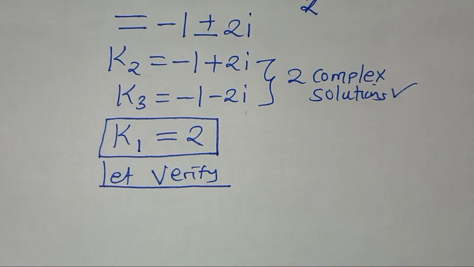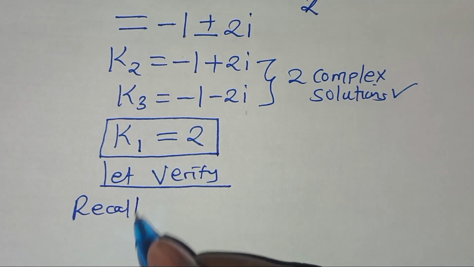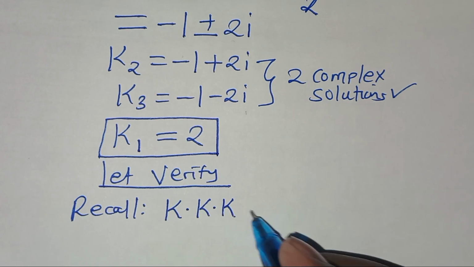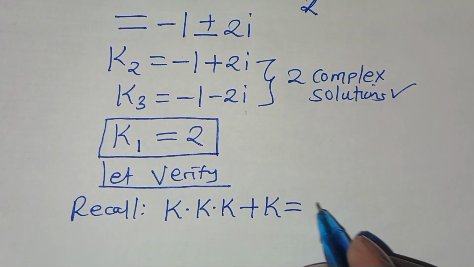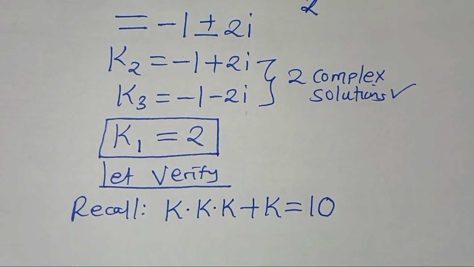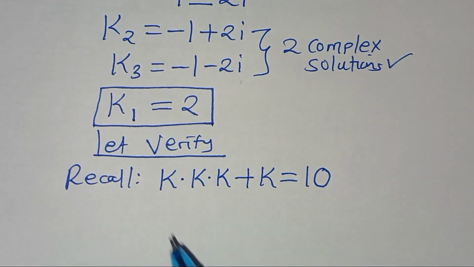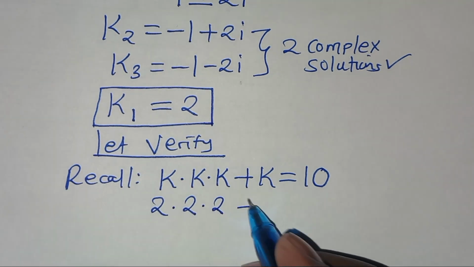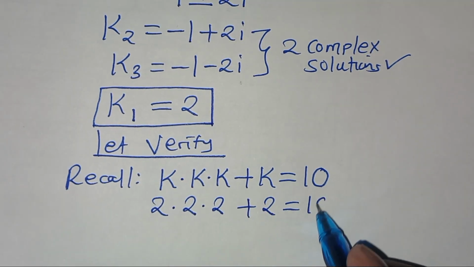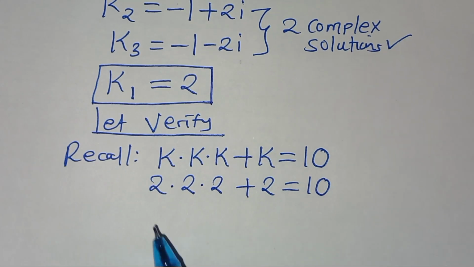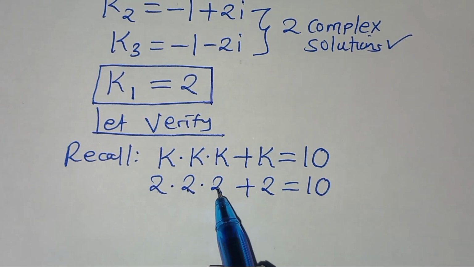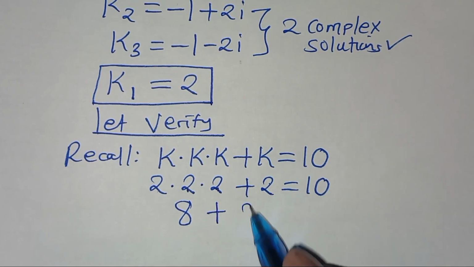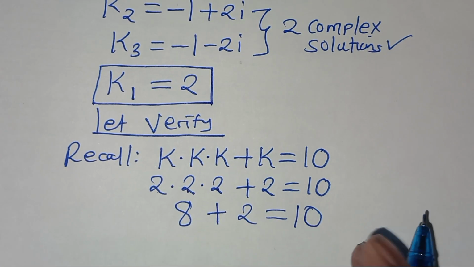If you recall, we have k times k times k plus k. This is supposed to give us a value of 10. Substituting k, which is 2, we have 2 times 2 times 2, then plus 2. So 2 times 2 is 4, 4 times 2 is 8, then plus this 2 is equal to 10.